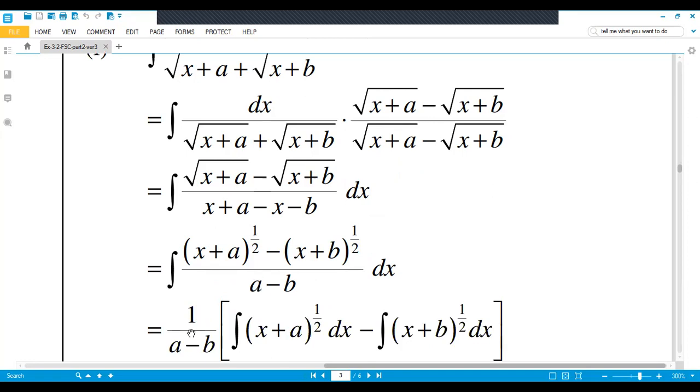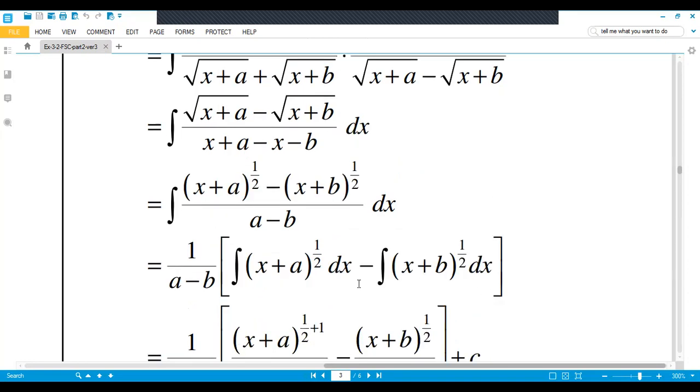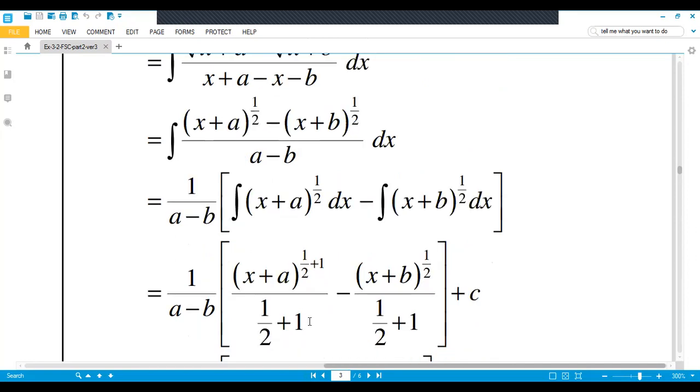Now 1 over a minus b is considered a constant, so you take it out, the integration of the first term and then integration of the second term. So for integration of the first term, you know that power 1 will be added. If you take the further derivative, it is 1, so no need to write it. The same power you write in the division.